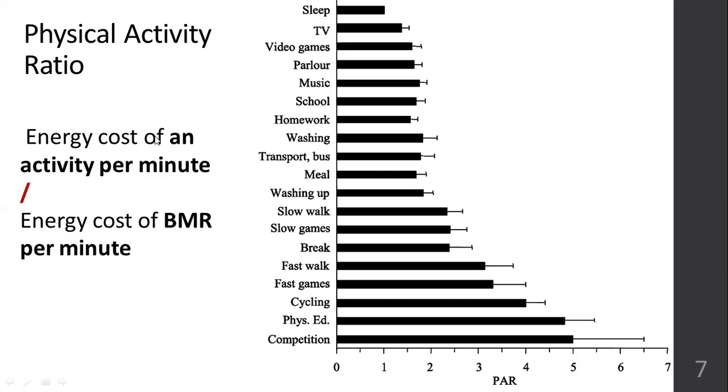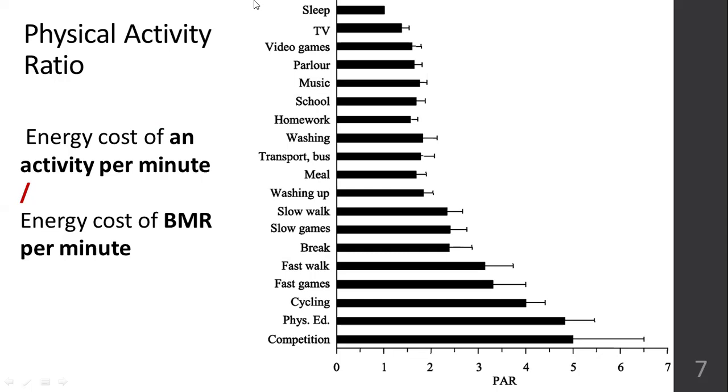So when we talk about physical activity ratio, you can see the numerator here is energy cost of an activity per minute. The activity that you voluntarily do. The activities are mentioned here on the graph that you see.